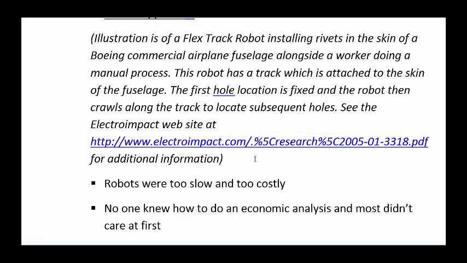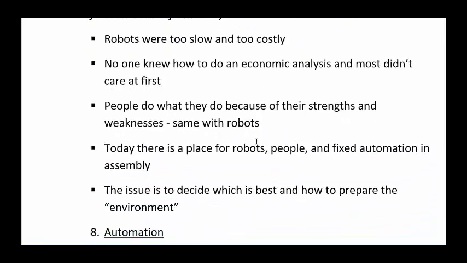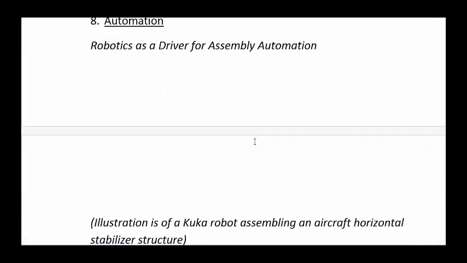Electro Impact is a company that is one of the leading manufacturers of equipment to do aerospace assembly. They're up in the Puget Sound area also.